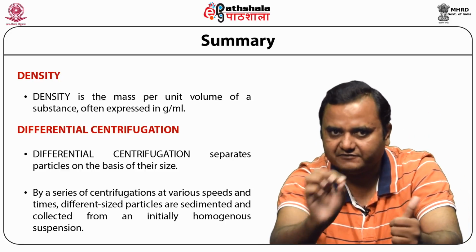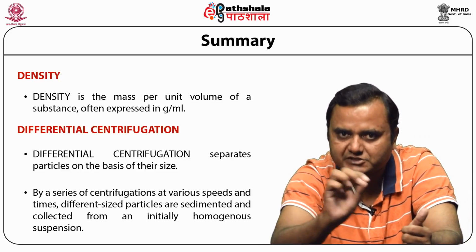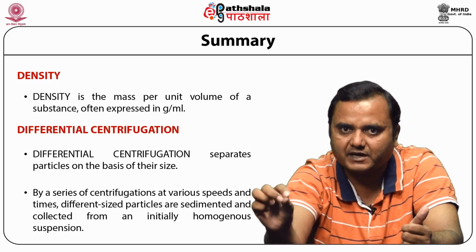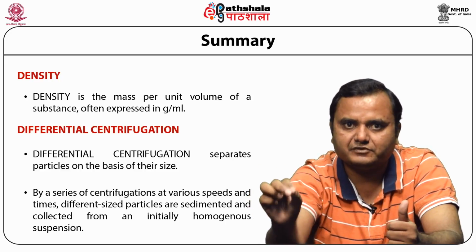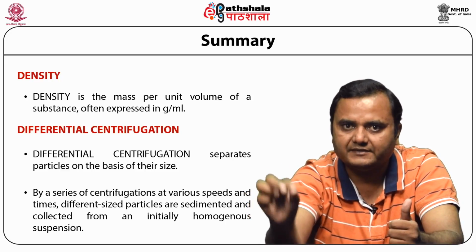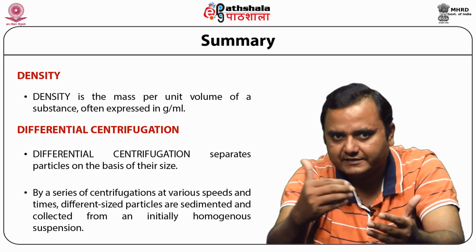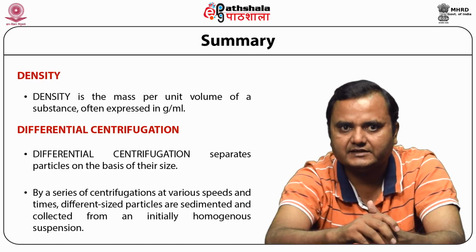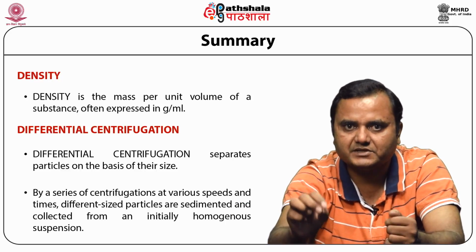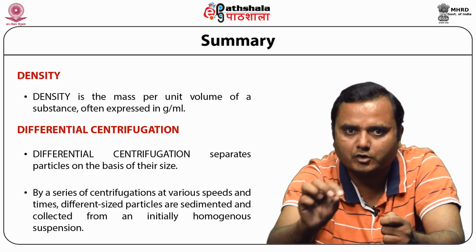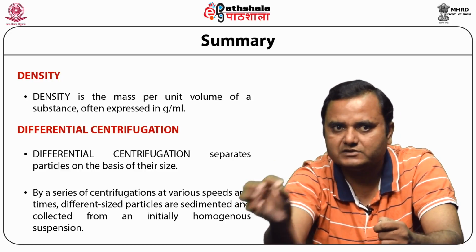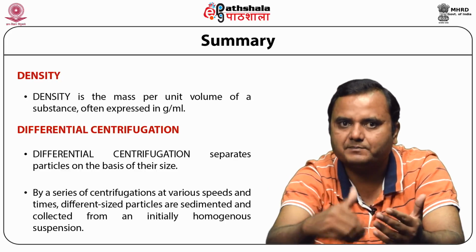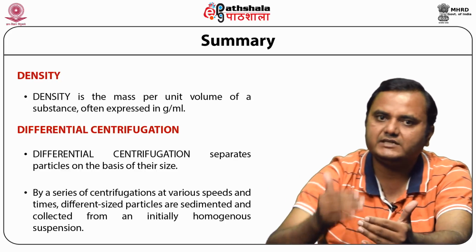We discussed differential centrifugation, which separates particles on the basis of size by a series of centrifugation speeds and times. The other is density gradient centrifugation, a separation performed by supporting a column of solution with increasing density, and once the particle achieves its own density, it stops there.